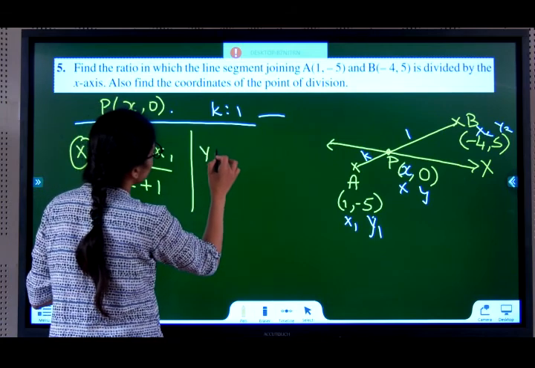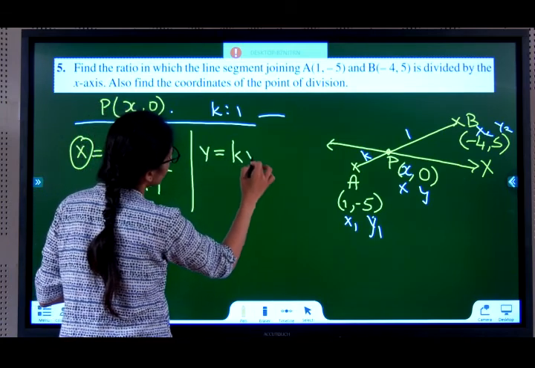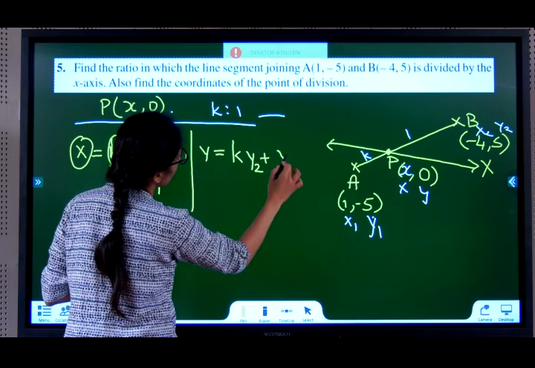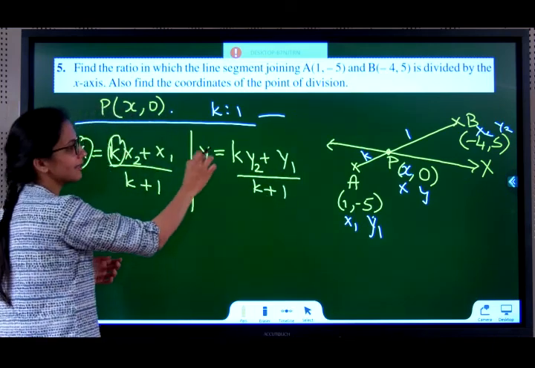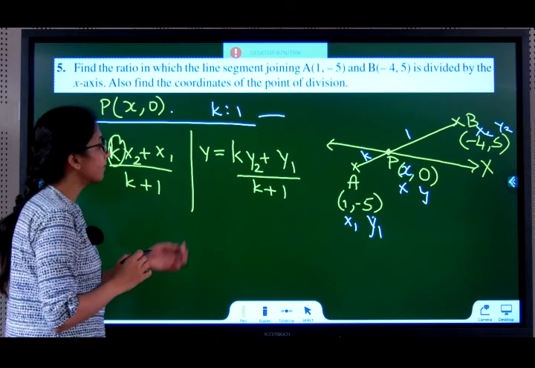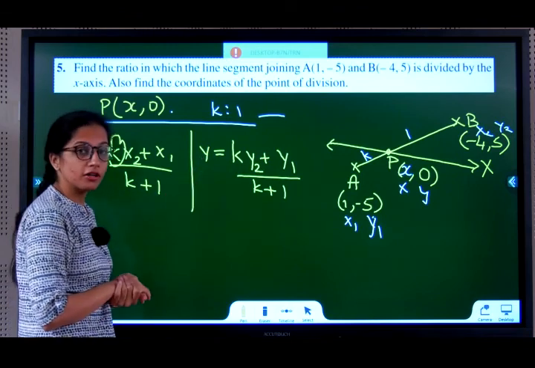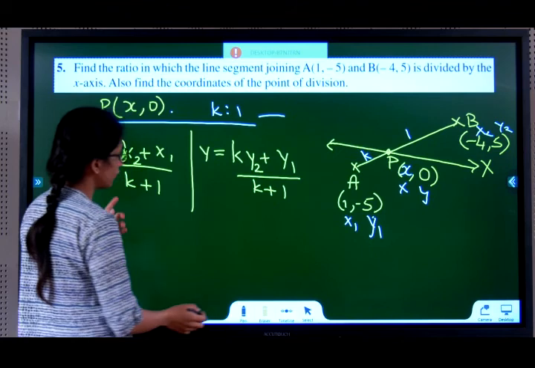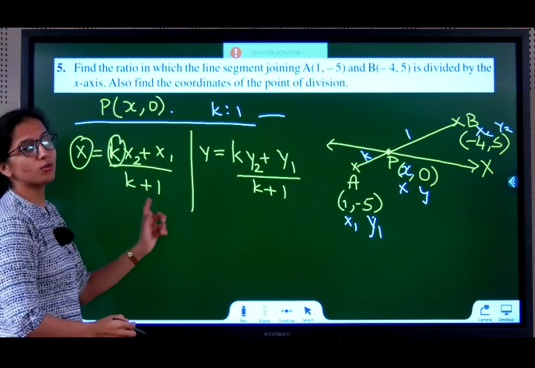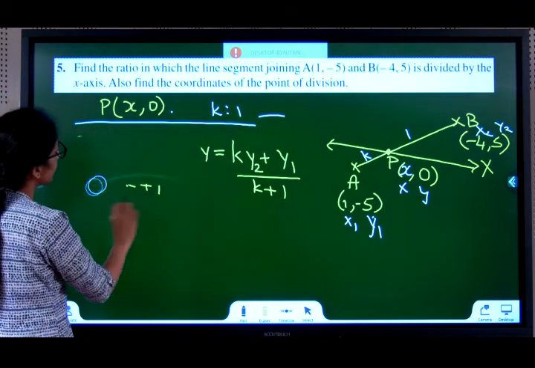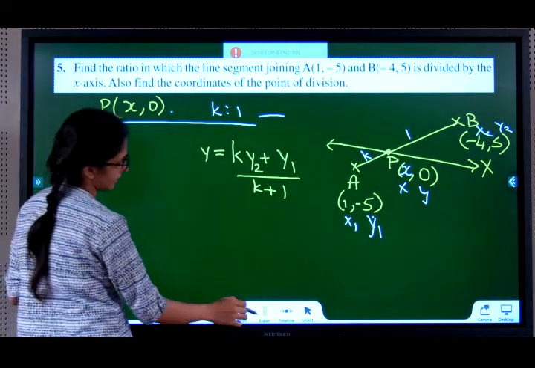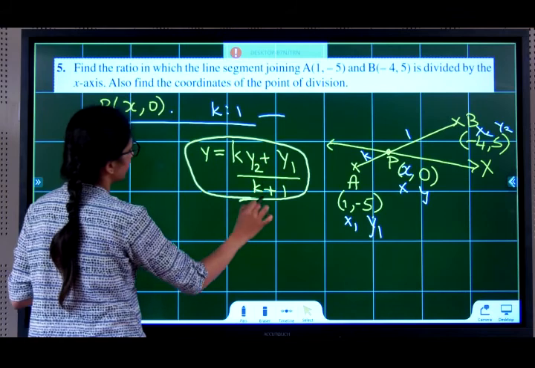But if I use y equals (k y2 + y1) by (k + 1), I can solve this and find the value of k. Why? Because I know the value of y. Do you agree? Yes. So you have to decide which section formula you want to use and apply that. I want to use the y coordinate one because I know all the y's. So we'll be applying this formula.